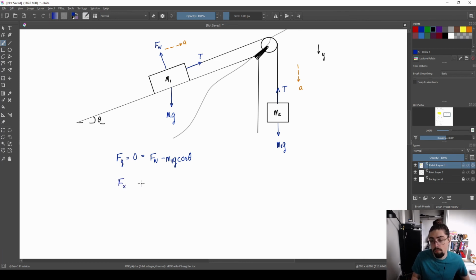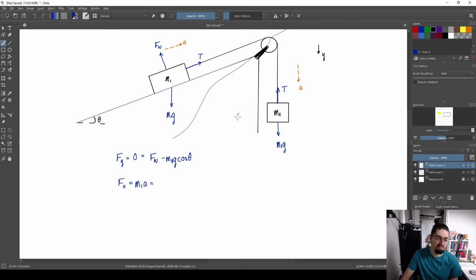F of x, that's where stuff might be happening. So I have made a guess here that I think my acceleration is going this way, but I'm not sure yet. Whether it goes in the other direction, I don't know. It's not a big deal if I guess wrong, and we'll see why here. But this is kind of my process. I want to make a guess to begin with.